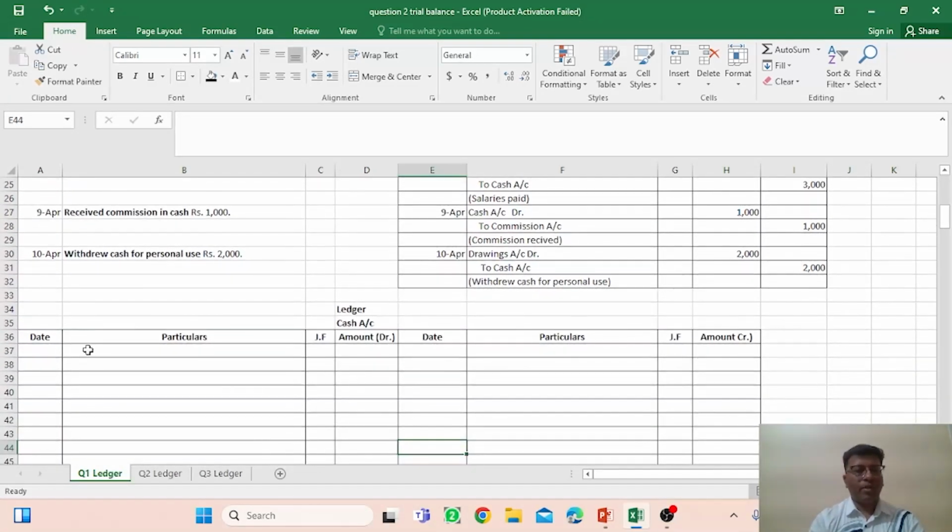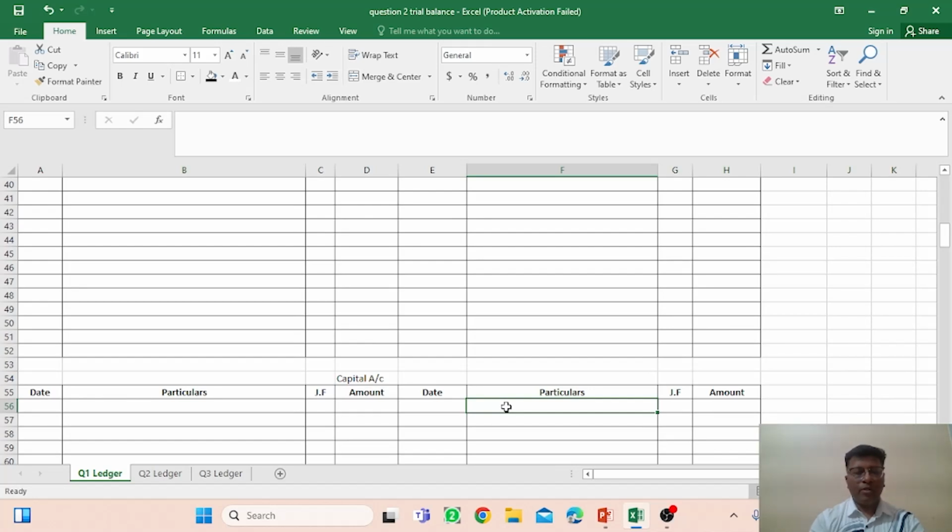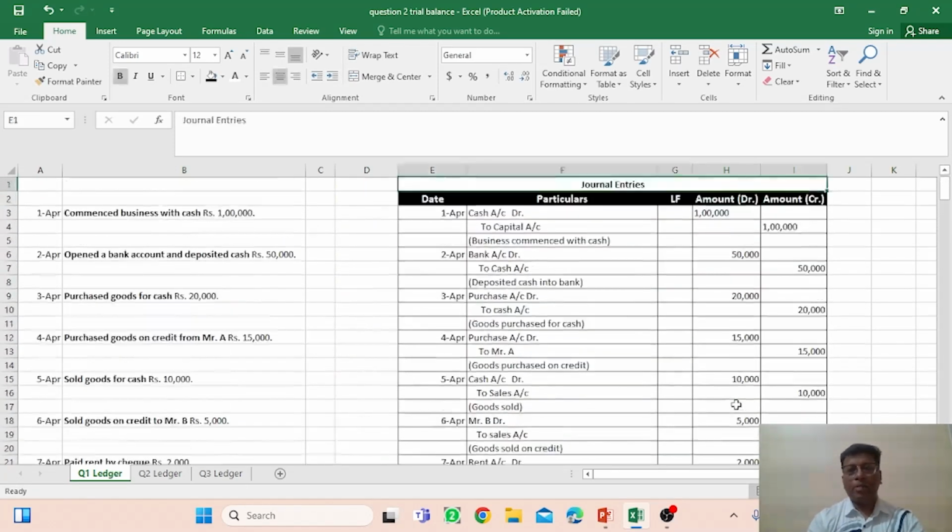So you have to mention in the debit side of cash account to capital account rupees 1 lakh, right? And in the capital account in credit side you have to mention by cash account, and amount is rupees 1 lakh, right? Both the sides, because there are two accounts.